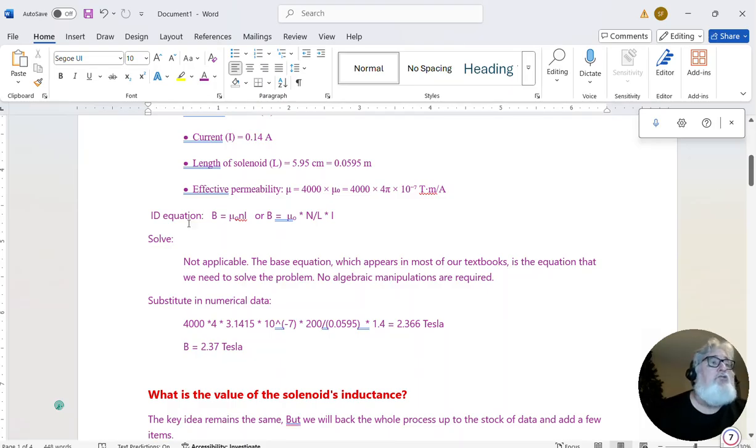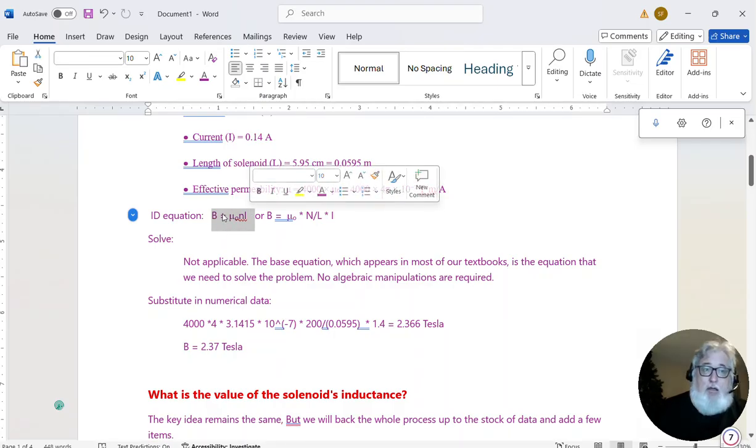So here's your equation for the solenoid. If you go look in the chapter summary, I'm pretty sure this is one of your numbered equations in your textbook. The magnetic field due to an air solenoid would equal mu naught, the magnetic permeability of vacuum, times the turn density of the coil, not the number of coils, times the current itself.